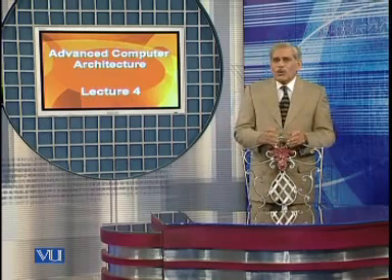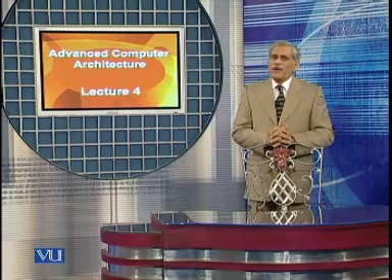Now let us consider what is a general purpose register type of instruction set architecture. Basically, those architectures which are based on the general purpose register assume that in the CPU there are a number of registers available, and these registers can be used either to store the data, that is the operand, or to store the address of the memory.